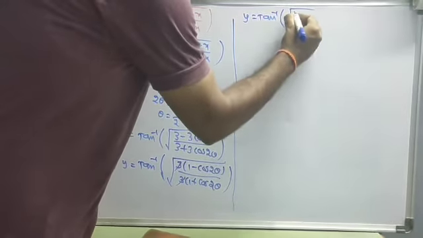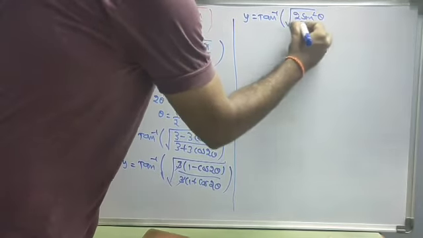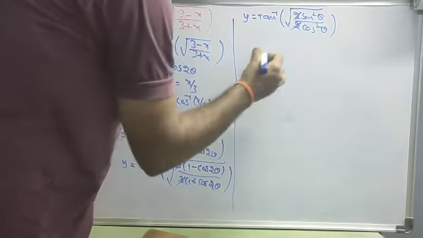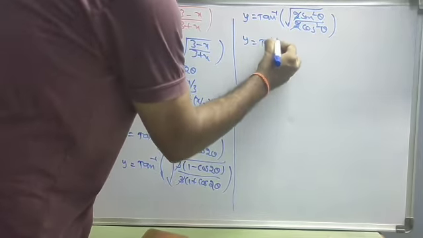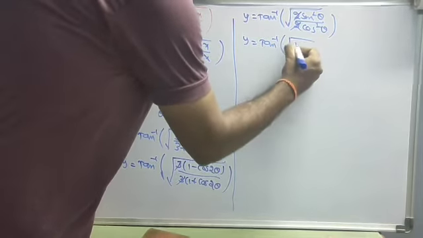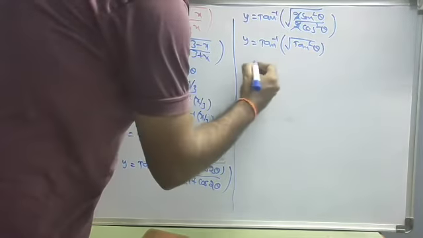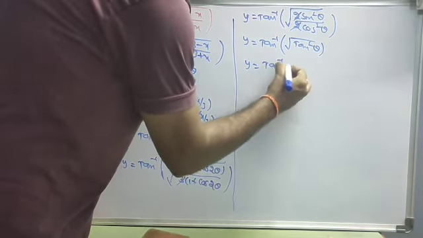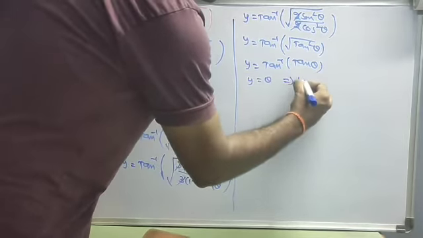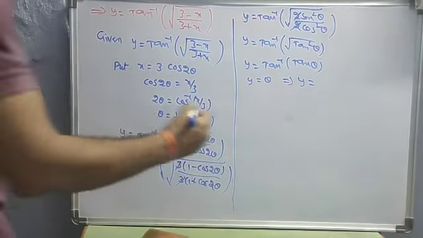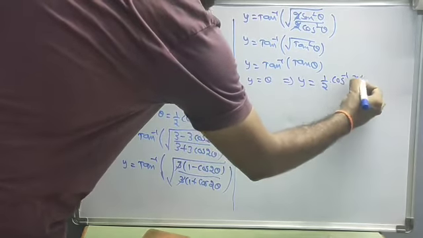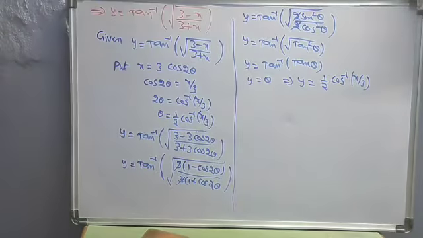It is 2 sin square theta, and here 2 cos square theta. So 2 gets cancelled. Y equals tan inverse of square root of tan square theta, so y equals tan inverse of tan theta. So y equals theta, which is 1 by 2 into cos inverse x by 3. So this is our problem.